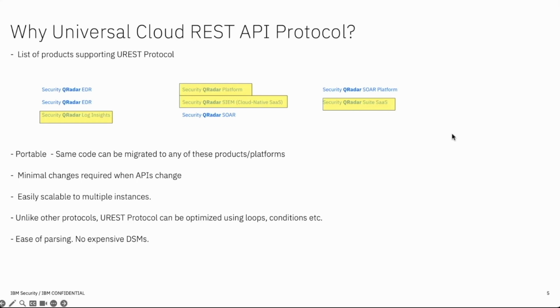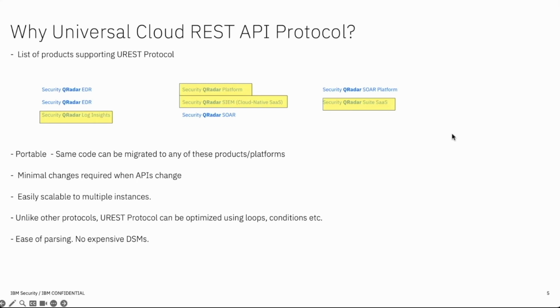Had it been a QRadar application using some protocol other than UREST, a lot more changes would have to be made. So the second property is that minimal changes are required when APIs change or new events come in. Universal REST API protocol is also very scalable by creating different log sources and changing the call points if required.